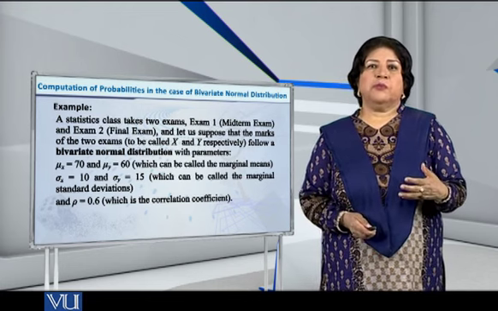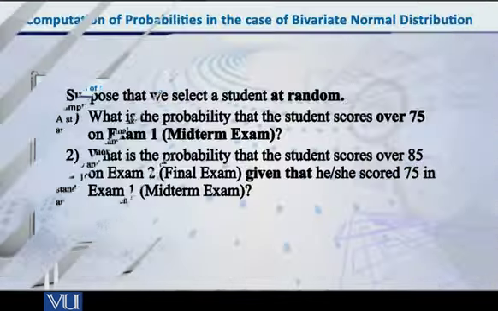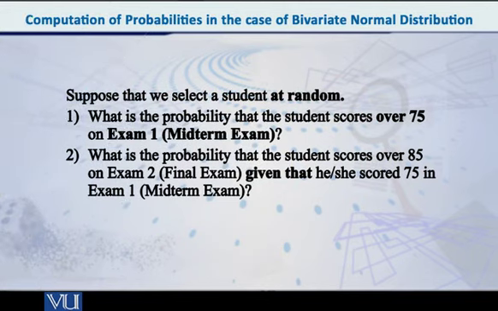Now, this is the information that is available to us. And what are the questions? We have 2 questions. The first one, what is the probability that the student scores more than 75 on exam 1? यानी midterm exam में उसके 75 से ज़्यादा नंबर हों, इस बात की probability क्या है?